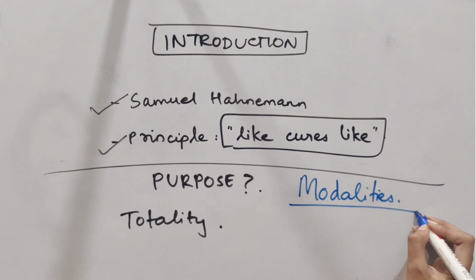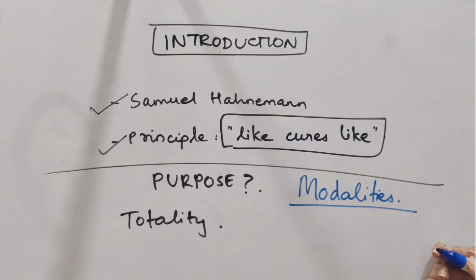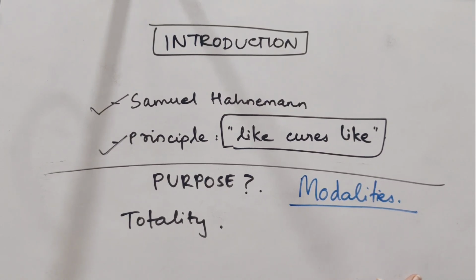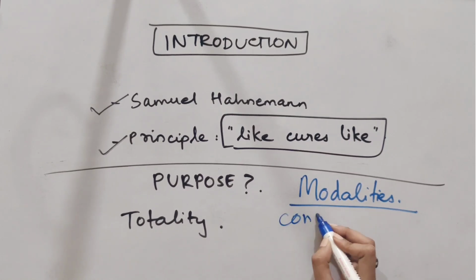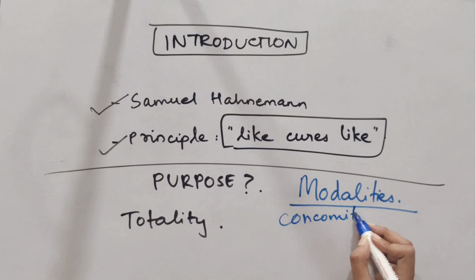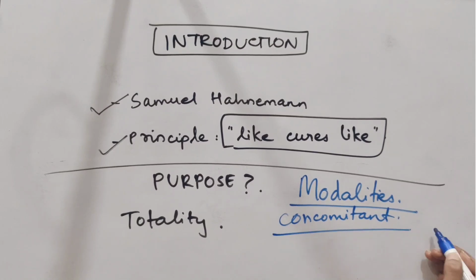Modalities are factors that worsen or alleviate the symptom. For example, pain in head aggravated by sun, aggravated by noise, ameliorated in dark room. These are the modalities. And concomitant symptoms are additional symptoms that accompany the chief complaint.